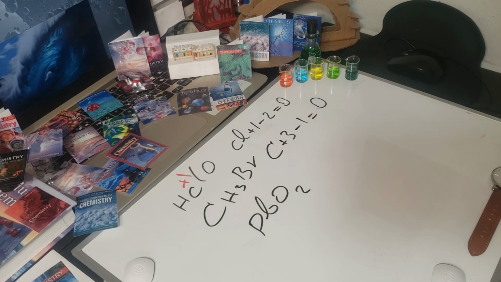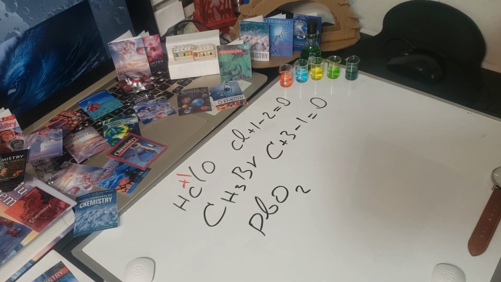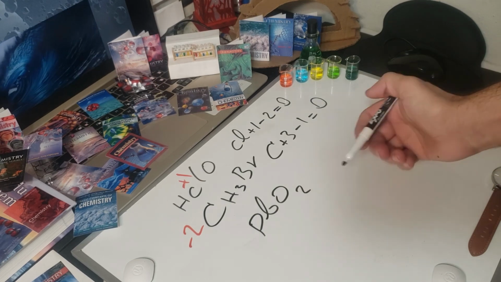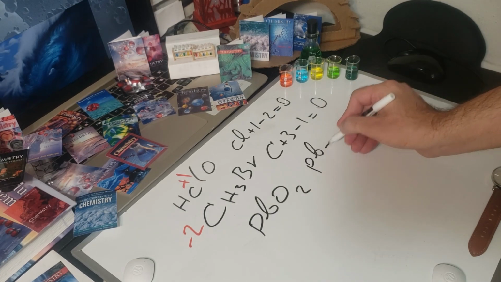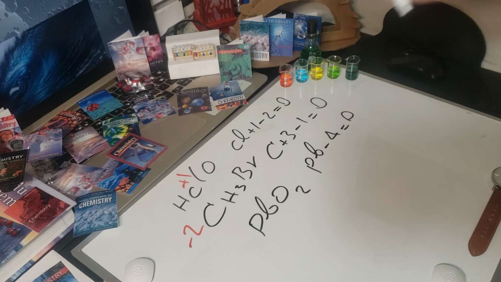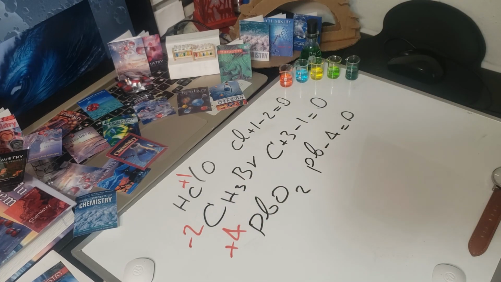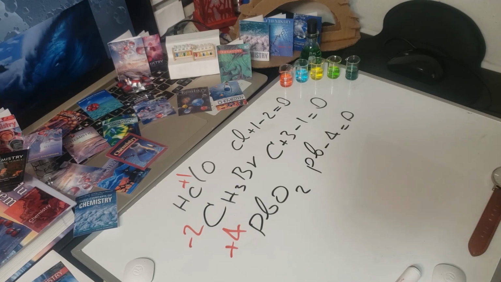So we realize that carbon should be -2. And Pb, minus 4 is 0, so Pb should be +4. So that's the oxidation state, and I want to wrap the video up here.